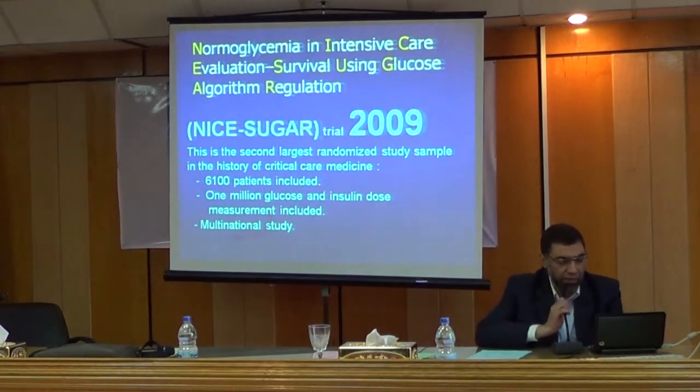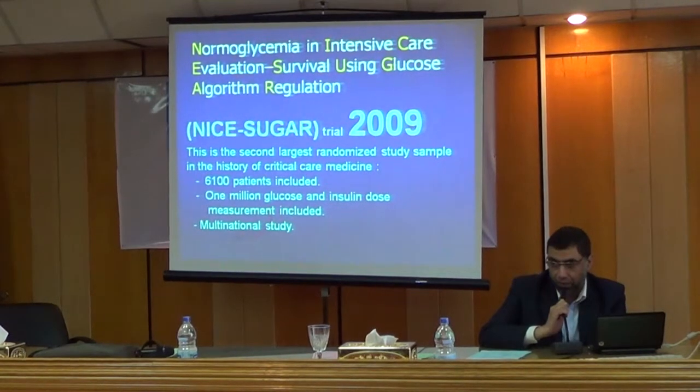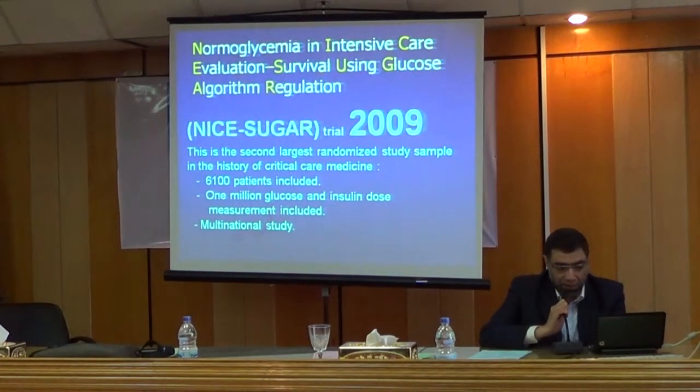The NICE-SUGAR trial is the second largest randomized study sample in the history of critical care medicine. Around 6,000 patients included, 1 million glucose and insulin dose measurements included, a multinational study in a trial to explore the situation and to avoid the limitations of the previous studies.